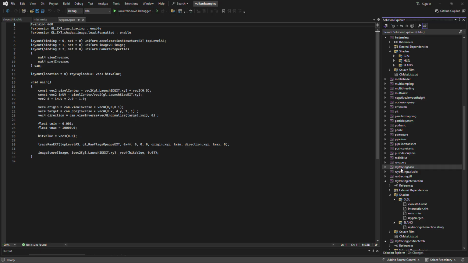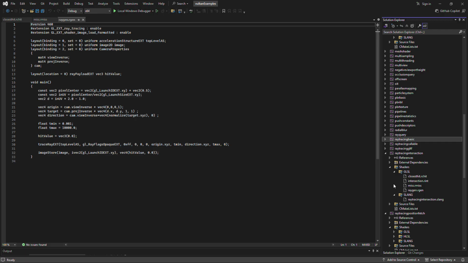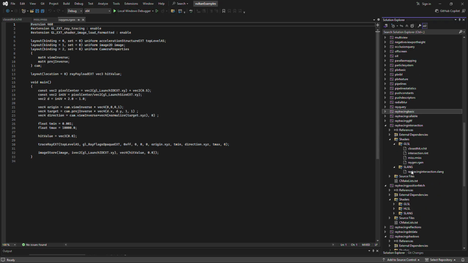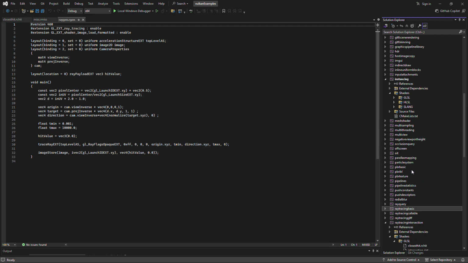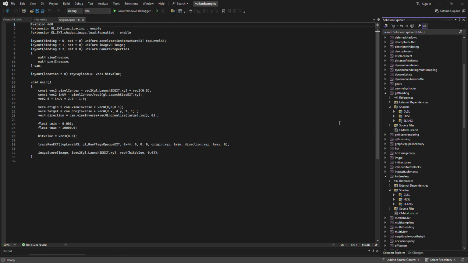That's just to run Vulkan, period. But if you want the ray tracing stuff on a Windows machine, you also need to have a ray tracing capable GPU. For NVIDIA, that's RTX and above. For the other vendors, I don't know. But it has to be ray tracing capable. All right, so yeah, that's it, guys.